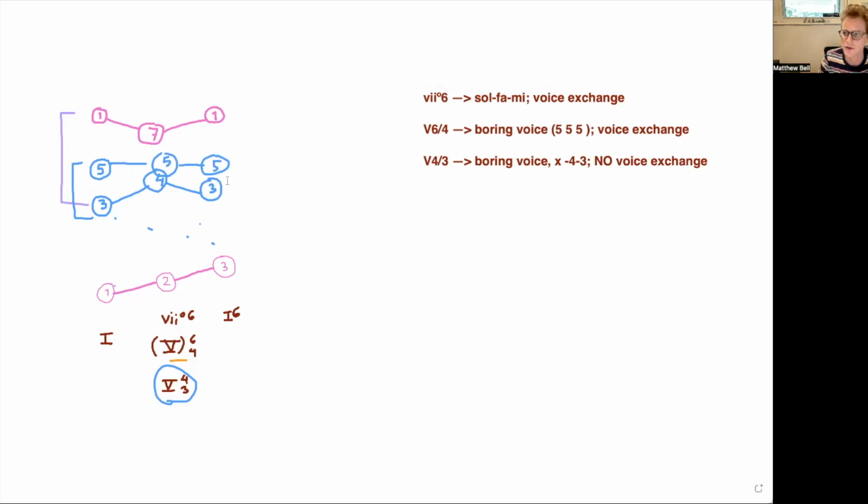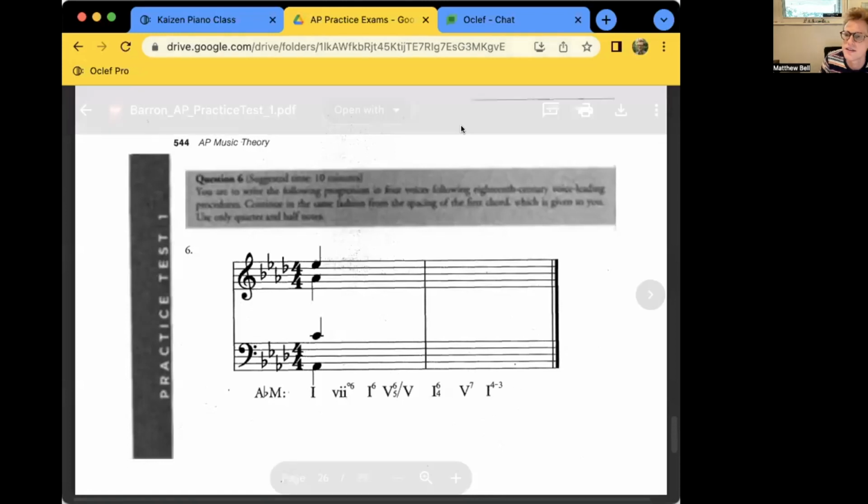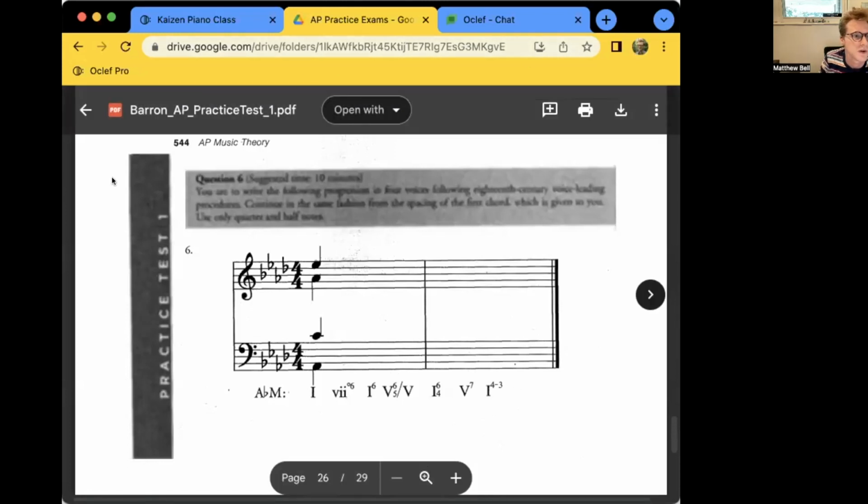I like to start students by literally just memorizing notated piano examples of these 3 passing chords in context. So when they see this on the test, I'm going to pop back to our test, once they list out their chord parts, or even before, they say, oh, this is going to be a passing pattern to 1-6.